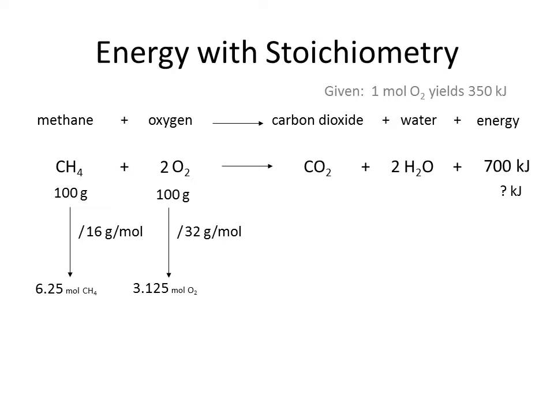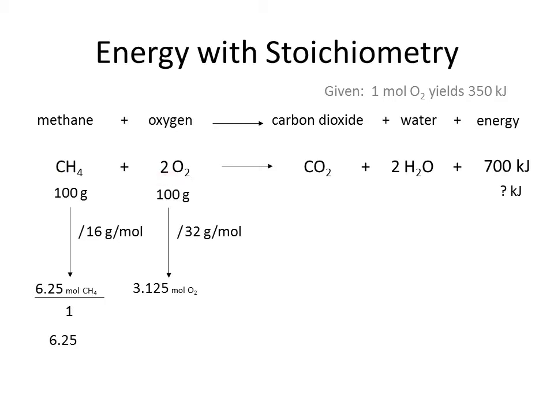Now, at this point, I need to pay attention to the coefficient. Notice the equation says for every 1 mole of methane, I need 2 moles of oxygen. In other words, double the amount of oxygen. Now I have less than that. I could divide the 6.25 by its coefficient 1, and I'll get 6.25. I'll do the same thing with the oxygen.